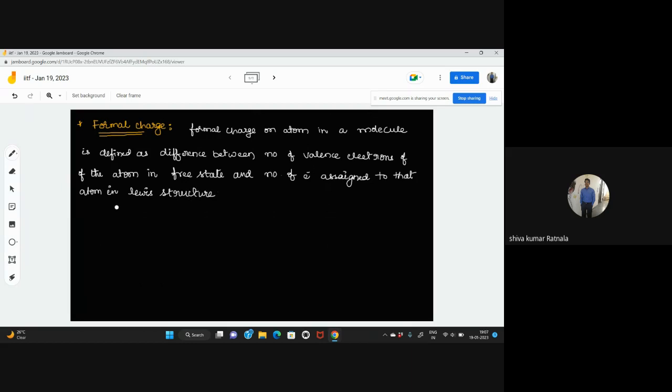And formal charge can be calculated as, I'm going to indicate it as Fc, which is equal to total number of valence electrons of the atom minus total number of electrons of lone pairs.